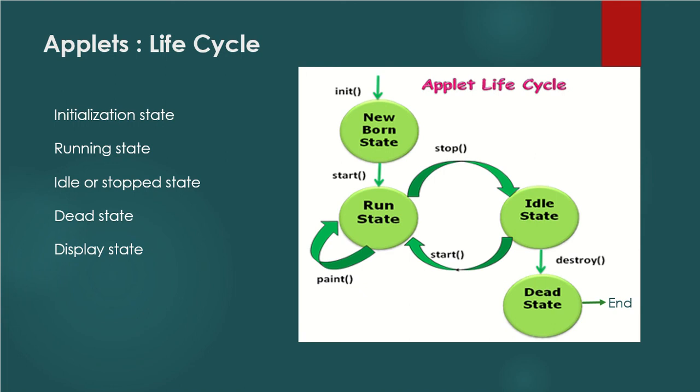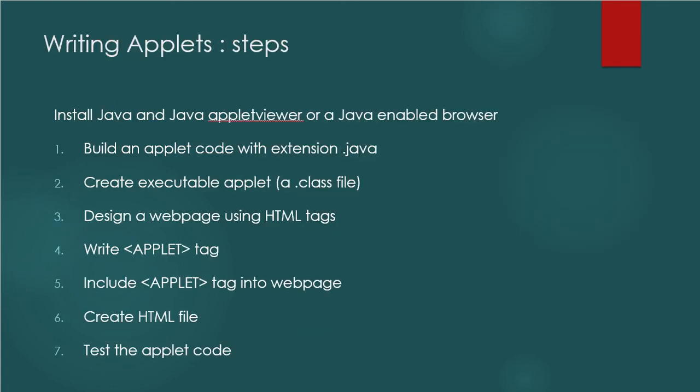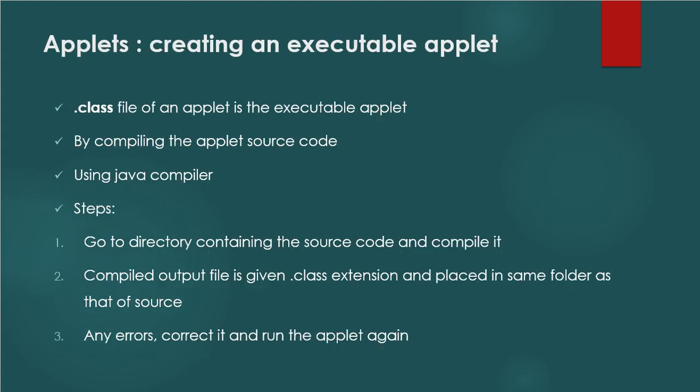Now let's see how to program an applet. As I said, you will have 7 steps for executing an applet. The first one is that you will have to create a .java file and compile it to become a .class file.